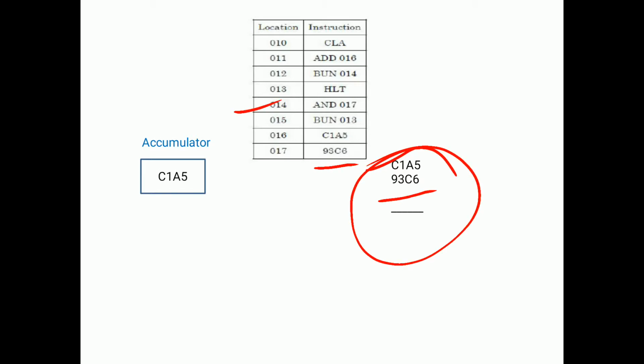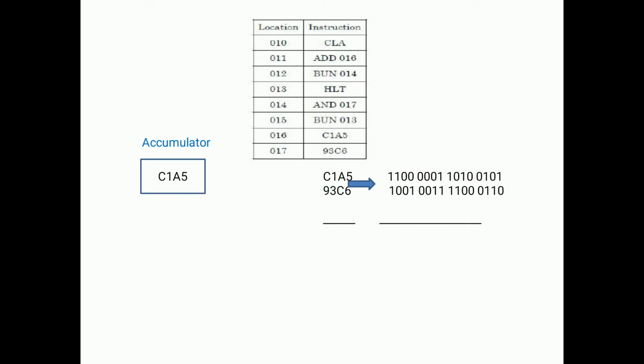Firstly convert these numbers into binary. C stands for 12, that is 1100, 1 is 0001, A is 10, that is 1010, and 5 is 0101. So C1A5 is converted into a binary number.